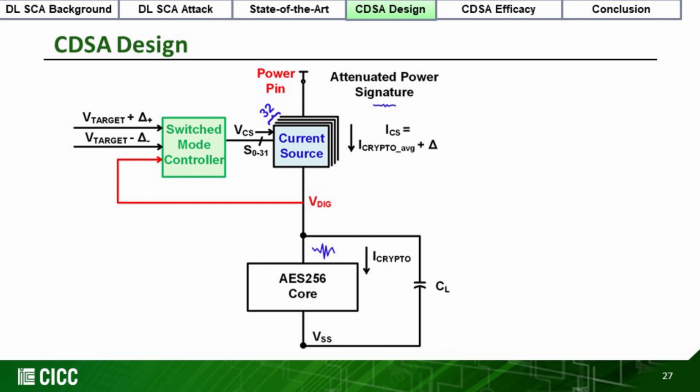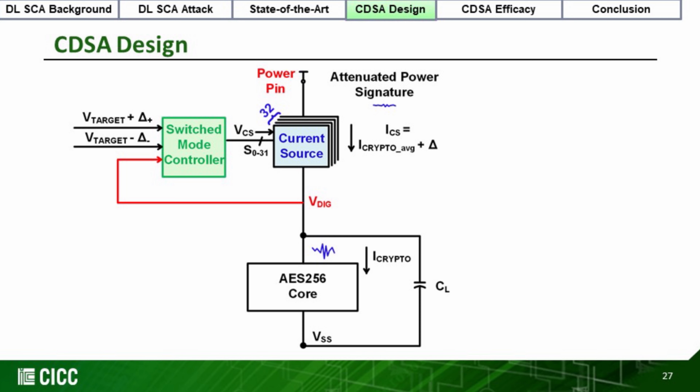Now, to handle the PVT variations, a switched mode controller with guard band is used. The SMC loop is a low bandwidth digital loop which senses the voltage VDIG and sets it within the guard band VTarget plus delta plus and VTarget minus delta minus by turning on or off the required number of current source slices.